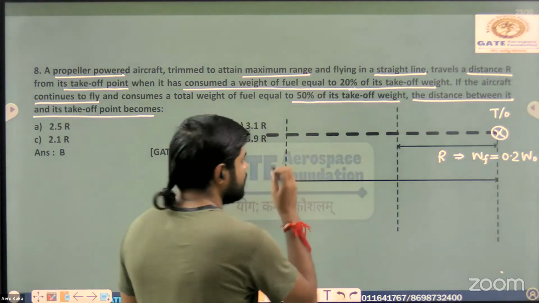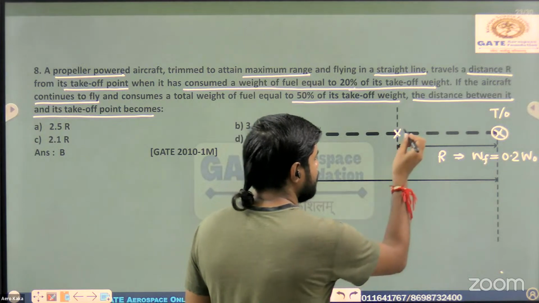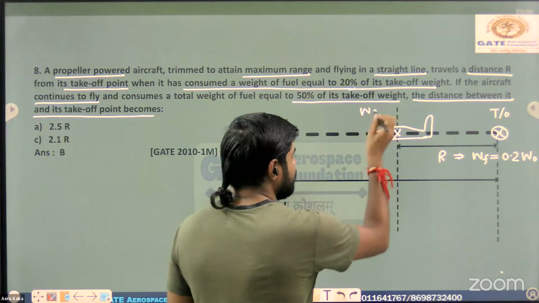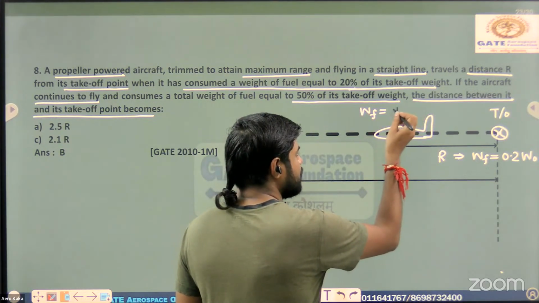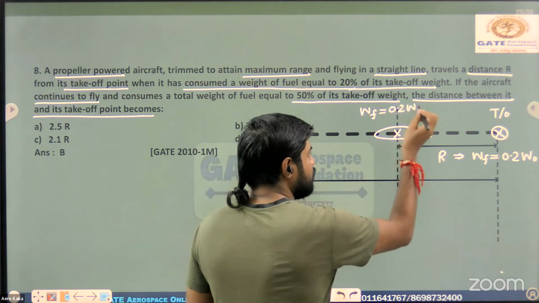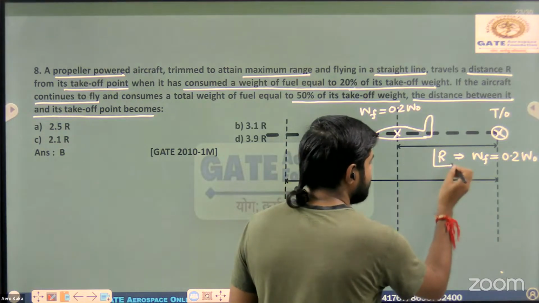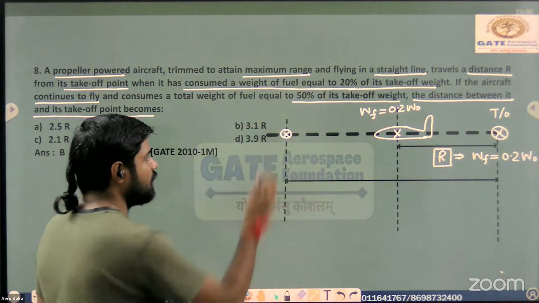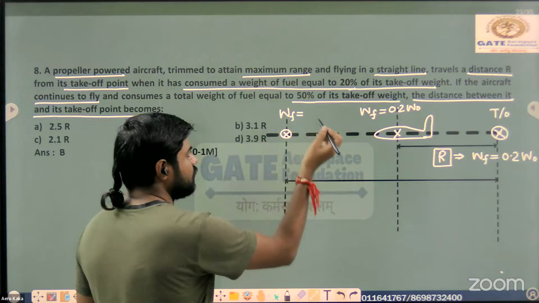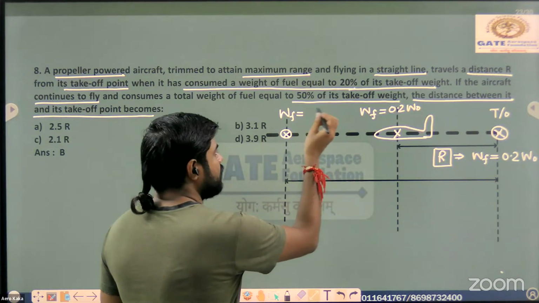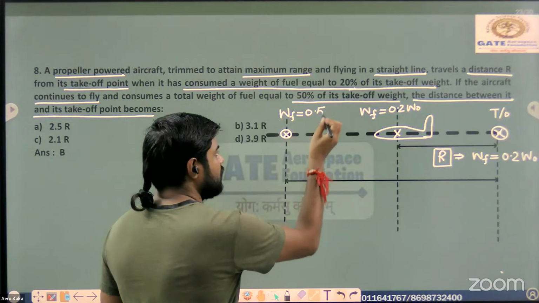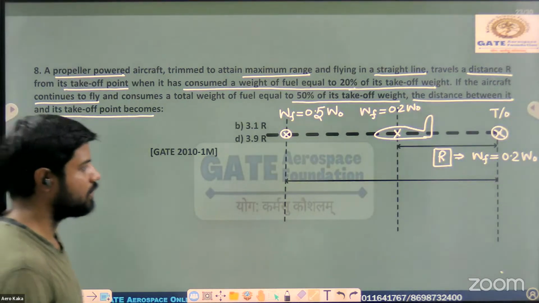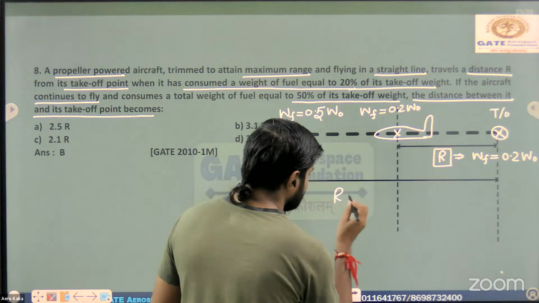Let's say at this point, when the weight of fuel consumed is 0.2 times W naught, the range covered by this aircraft is capital R. Now let's say this is another point in steady level flight, when the fuel consumed is 50% of its initial takeoff weight. Then what is the range here? That's what they're asking.